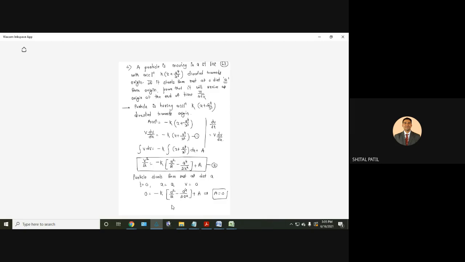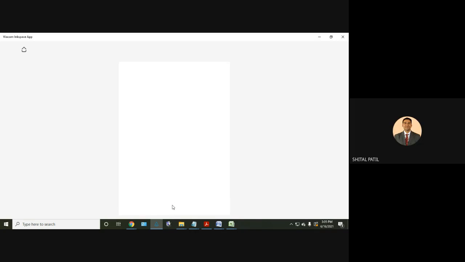So, from equation number 2, equation number 2 implies v square by 2 equal to minus k. I can take 2 outside. x square minus a raised to 4 divided by x square.